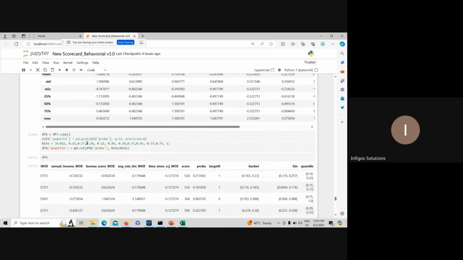What I had done here is I had run this code with Qcut first. After running with the Qcut, I got the bins which are 12 in numbers.